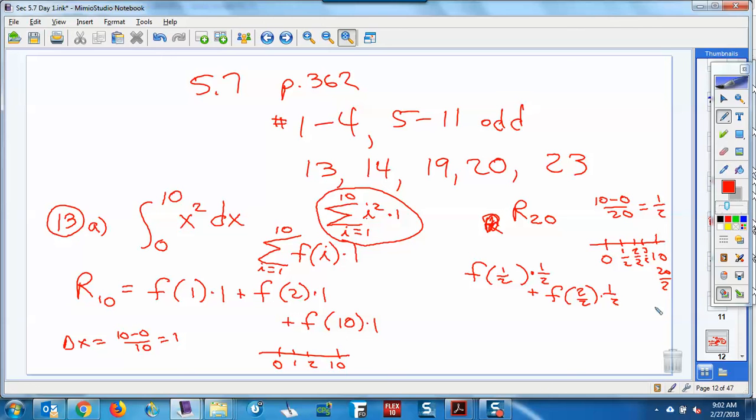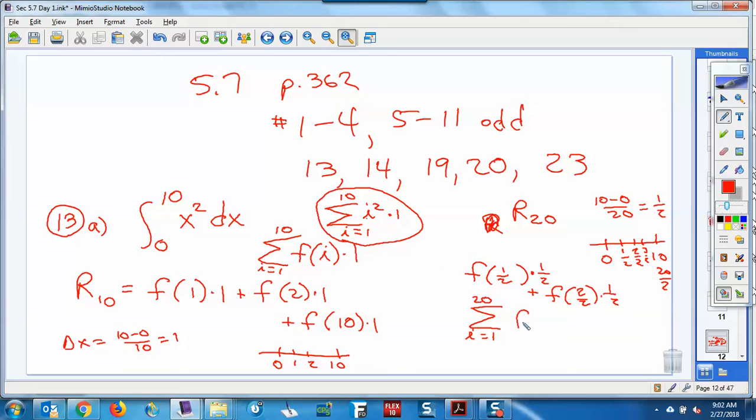You can go all the way and write the last one. So what's our sigma? i equals 1 to 20, right? We're doing an R sub 20. We're adding up 20 rectangles, so the sigma is going to go 1 to 20.